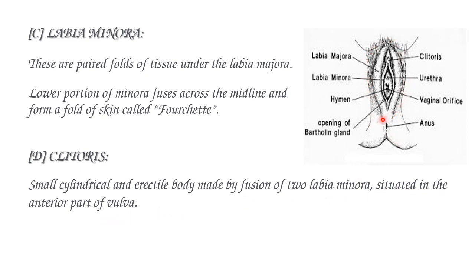This entire structure is called the vulva, with the posterior region and the anterior region. At the anterior region, a cylindrical erectile body formed by fusion of the two labia minora is called the clitoris. The same labia minora at the posterior region fuse to form the fourchette.